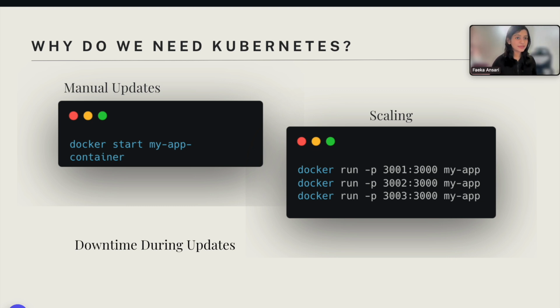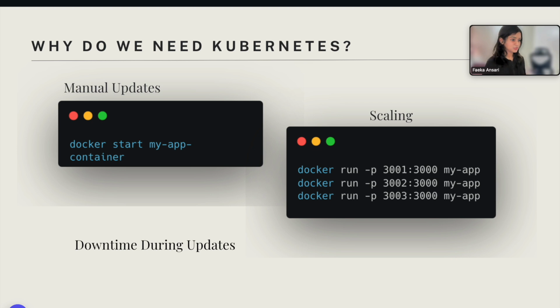So manual update with just Docker is sort of difficult. And second problem, which of course is the whole topic of today's session, is scaling your application. Suppose your application becomes very popular and you really need to handle more users. Now you need to decide to run 3 containers instead of 1 container to balance the load.